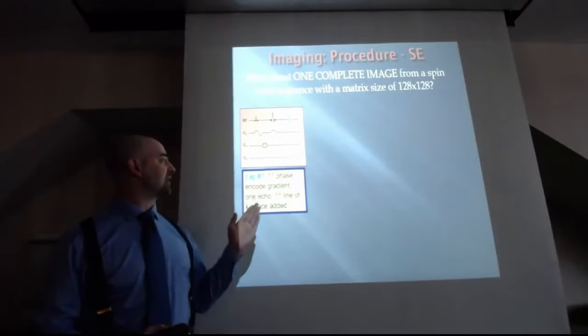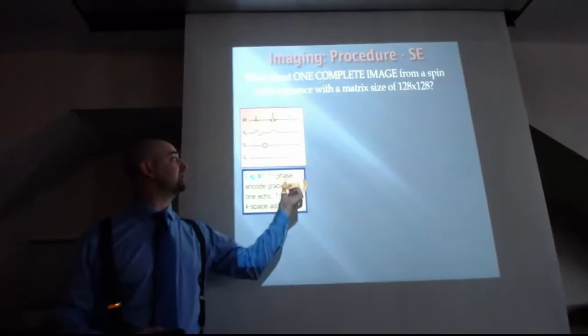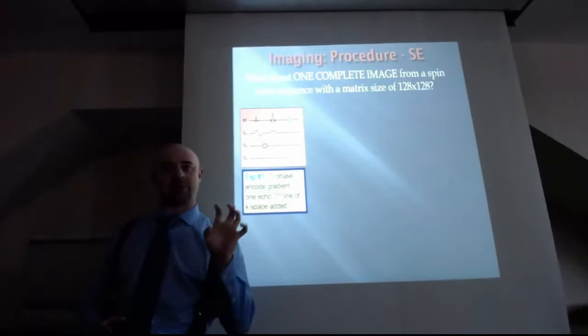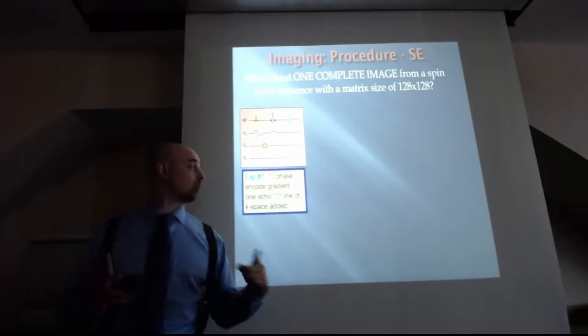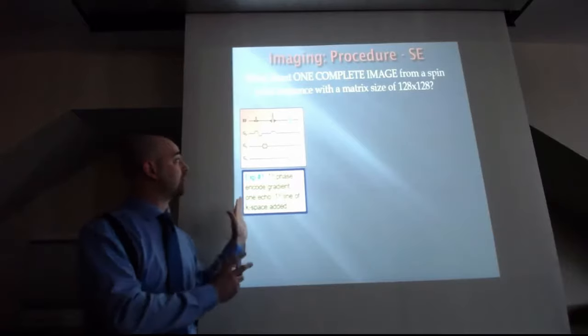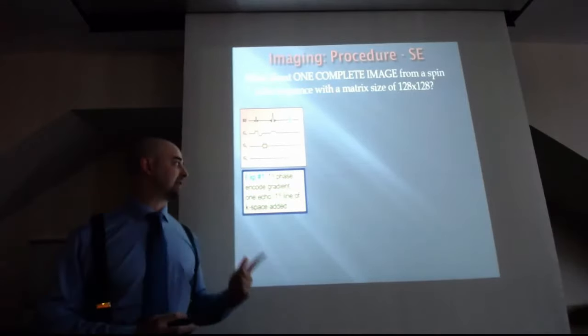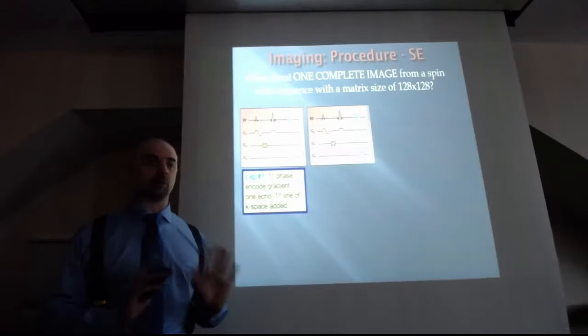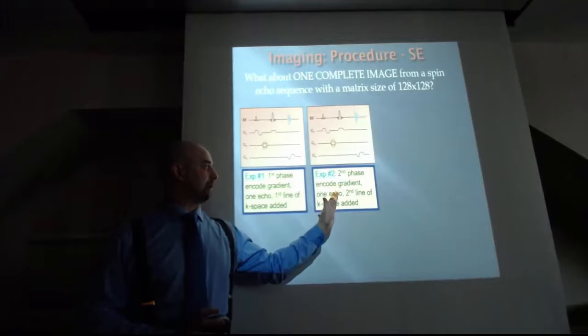So that's our first phase encode gradient. We do the inversion pulse, and then the frequency gradient is on while we collect the echo. We digitize that echo, and that becomes the data for one line of K-space. So in MR experiment 1, we've got our first phase encode gradient, and we've added our first line of K-space. Good. Now we repeat it. Now we do experiment number 2.